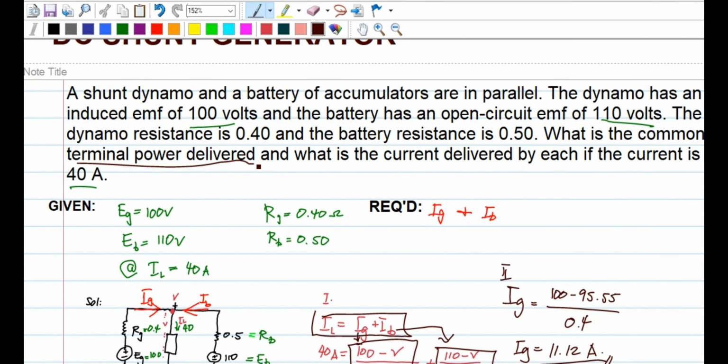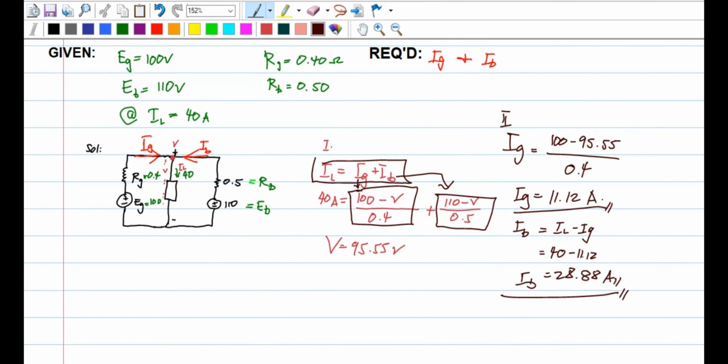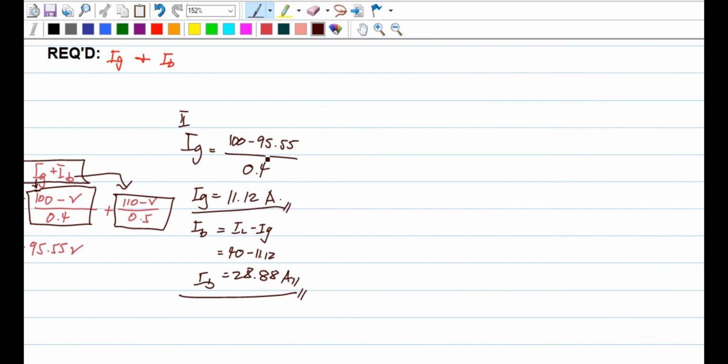Okay, to get the terminal power delivered at the terminal, third step. The power at the terminal, or the power output, is the common voltage, the terminal voltage VT, times the IL, or the current at the terminal.